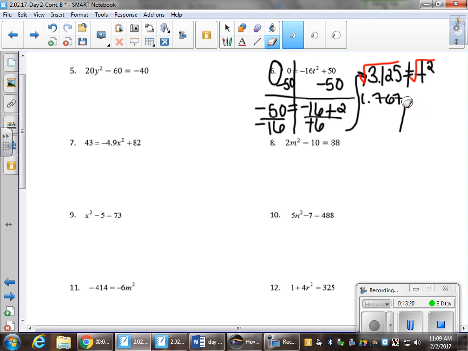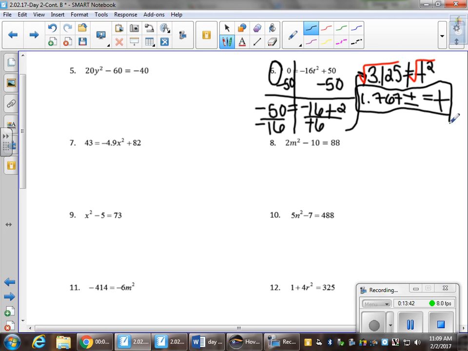Make sure you write plus or minus equals t. So if you have a t squared and you take a square root of that, it becomes t because it cancels that square out. And then that's your final answer. Does that make sense?